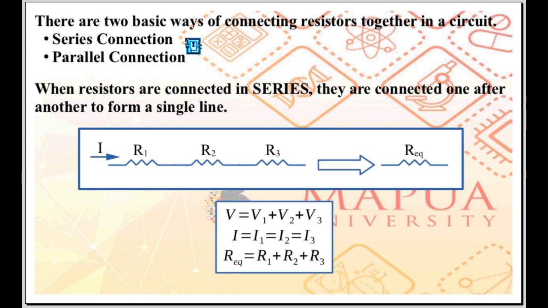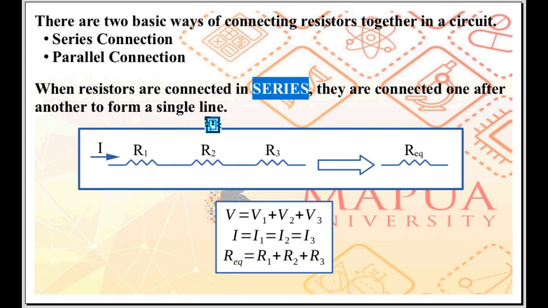We can connect them in series, or we can connect them in parallel, or a combination of the two. When resistors are connected in series, they are connected one after another to form a single line.